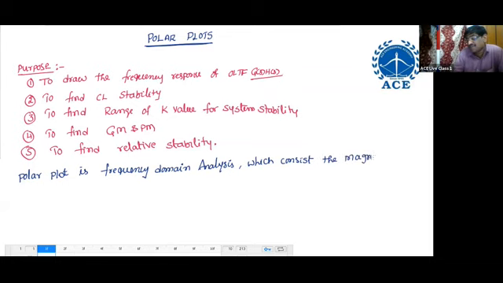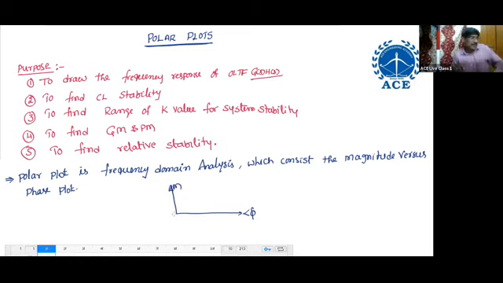So it is simply a magnitude versus phase plot. We'll draw the polar plot so that you will get the idea.